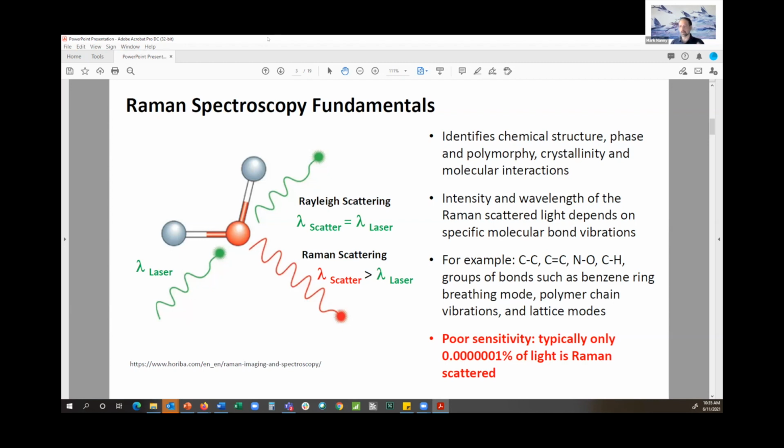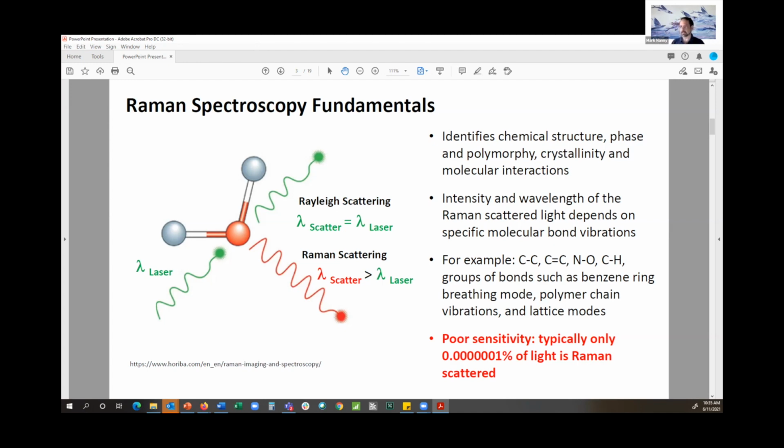However, 1 out of every 10 million molecules will interact with that energy in such a way that it will cause that molecule to vibrate, to create a dipole in it. And so that will then cause what we call Raman scattering, where the wavelength that is emitted is greater than the laser wavelength, meaning that there is a shift in the spectral data that we see. And so we can identify molecules based on their Raman scattering.